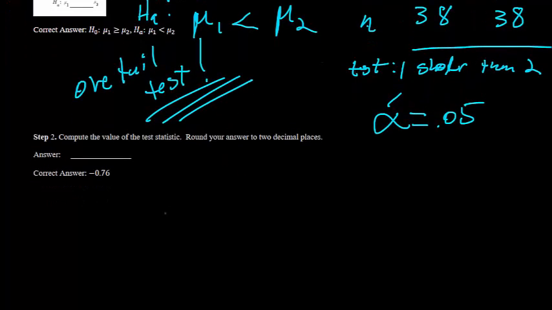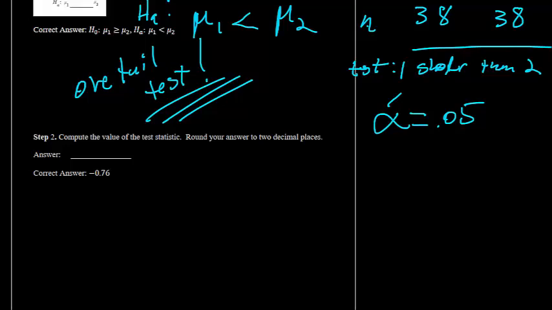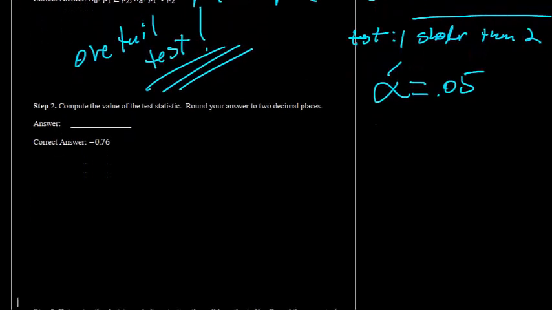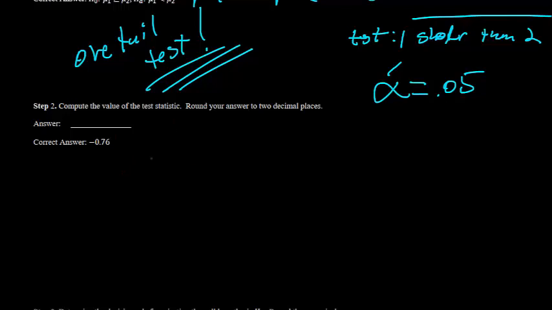Okay, so compute the value of the test statistic. And this is where things get a little different, right? Because we know we have at least 30 observations, so we're going to deal with the z. But the z for this guy changes a little bit. We're going to have to do a little bit more math because we're dealing with the means of two groups.